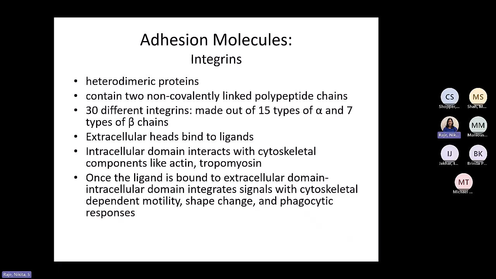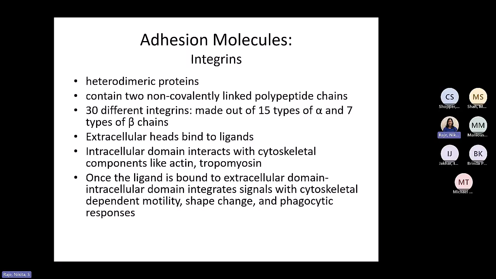Compared to selectins, integrins are a little different. They are dimeric proteins, which means they have two chains. They are heterodimeric because there are two non-covalently linked polypeptide chains, alpha and beta. There are 30 different integrins made out of 15 alpha types of chains and 7 beta types of chains.